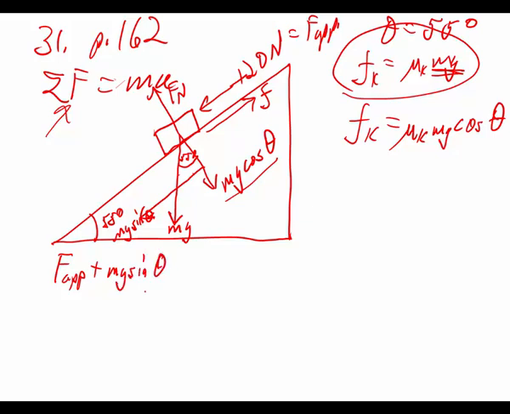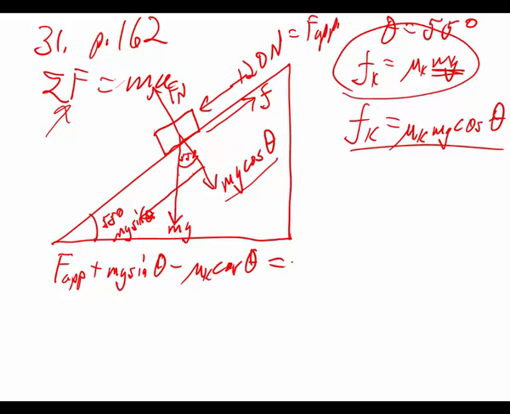All right? Okay. Now what force is opposing me? Friction. And what is friction? mu k cosine theta is equal to what? You know, you did cosine theta.